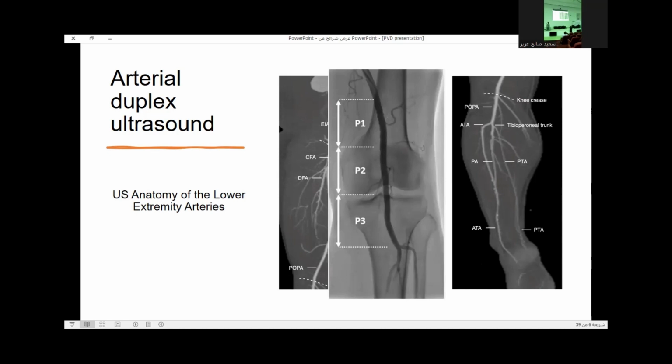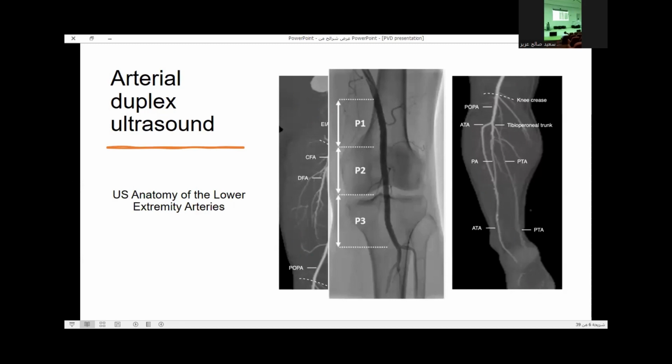Usually our marker, if we do it in angiography in the frontal or AP view, is: the first segment starts from the edge of the distal femur till the upper edge of the patella. The second segment is from the upper patella to the mid knee joint.